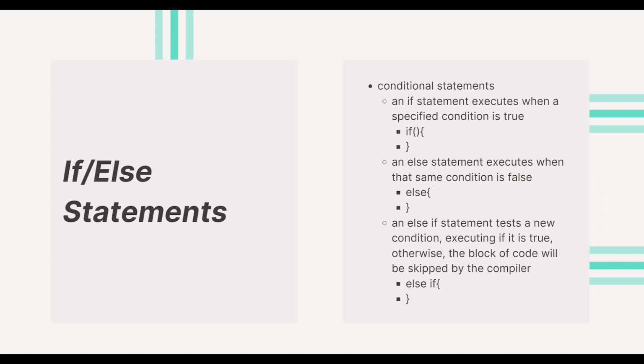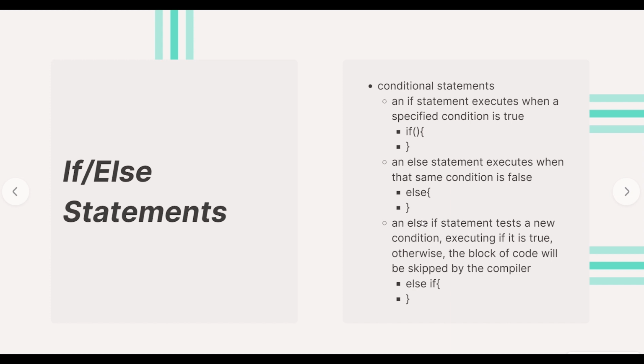If and else statements are conditional statements. An if statement executes when a specific condition is true, and if that condition is not true, then we will have an else statement. So basically, if my condition is true, and I will put my condition over here in the brackets, execute the block of code that I'm entering in between these curly brackets, otherwise execute the code that I have over here.